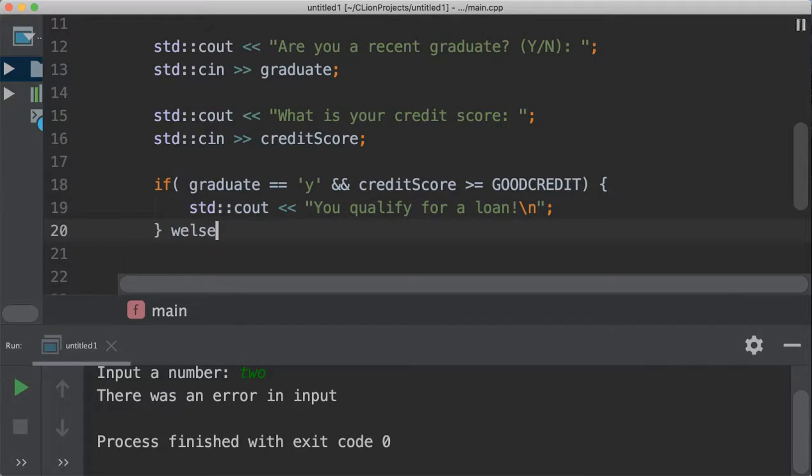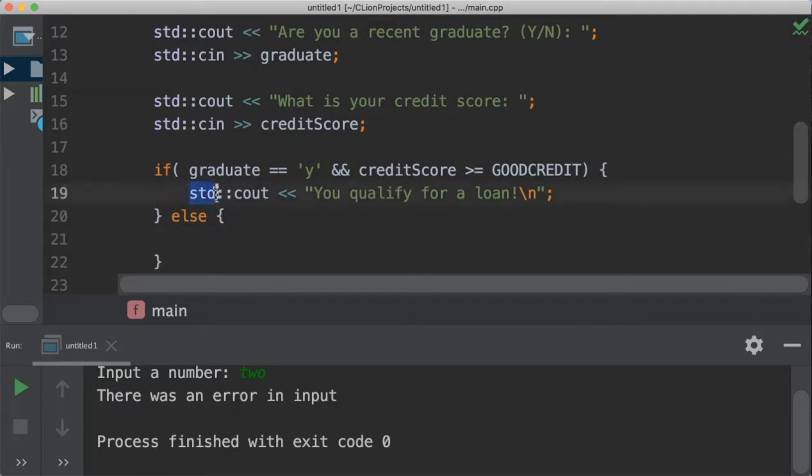Otherwise... There we go. So this AND right here says this condition must be true and this condition must be true.